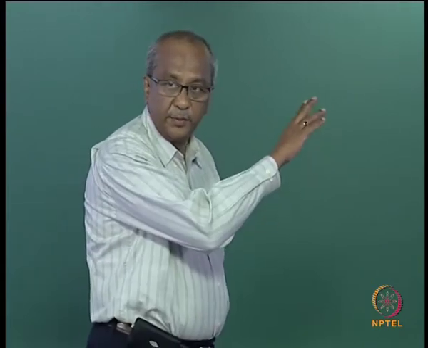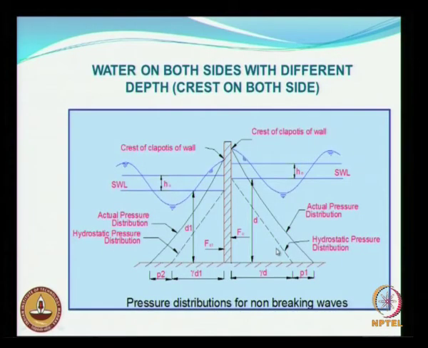Are you clear with this picture? I would just leave some time for you to look at the pressure distributions as indicated in this picture, when the crest is on the wall and when the trough is on the wall.